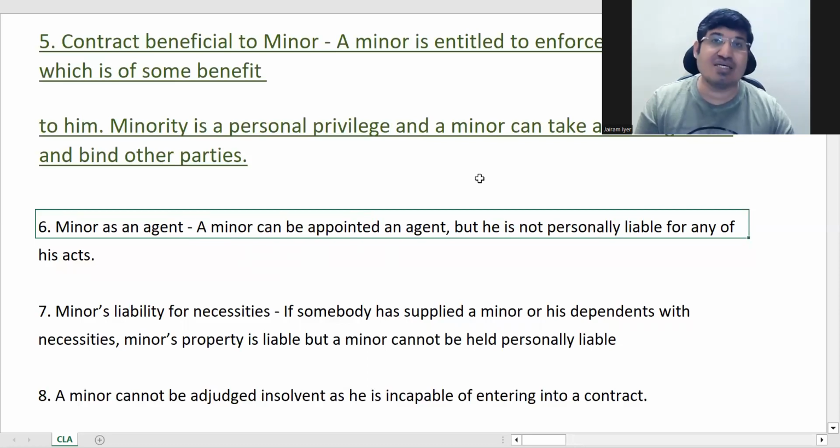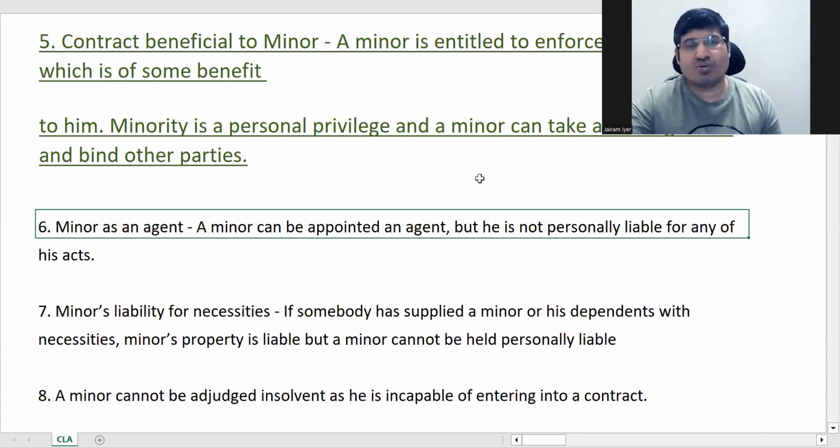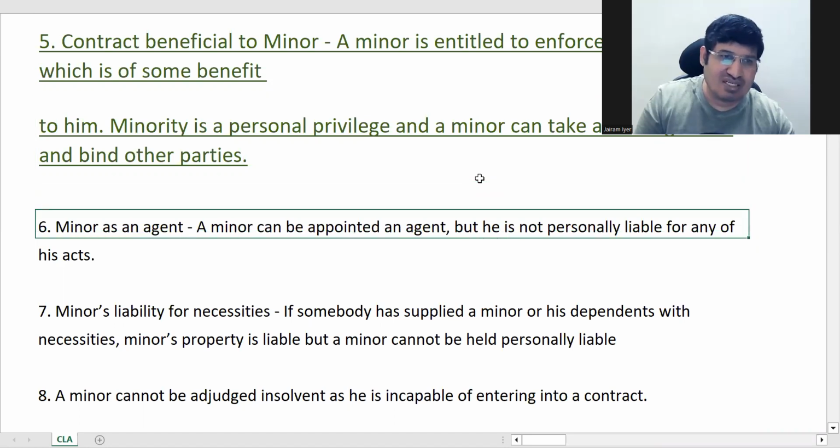More dangerous are those people who are around 16, 17, who understand everything but use that minority to defraud others. It does happen. Some people around 17 years of age look like 19, 20 also in many cases. So these are the privileges which they have.